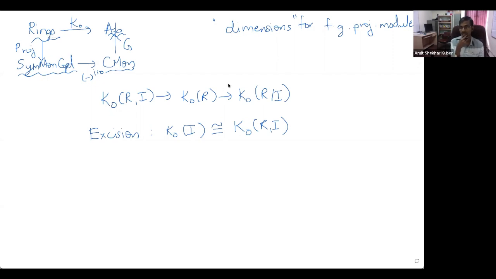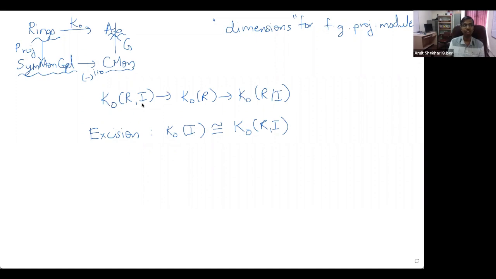The purpose of this was to generalize the notion of dimension to all finitely generated projective modules over a general ring rather than just over a field. And we saw two important properties: there is this short exact sequence, this relative K group, then the K group of R, and the K group of the quotient ring correspondingly.